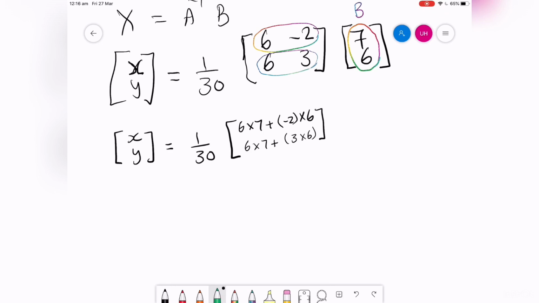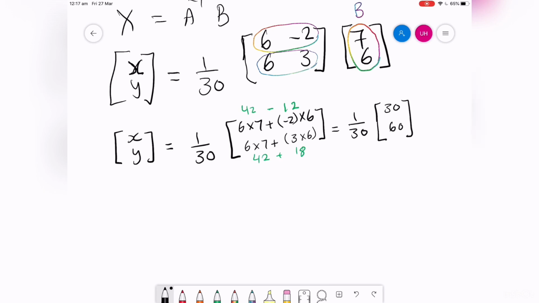Okay, and this is 42 here. Minus 2 times 6 is minus 12, so plus minus is minus 12. And 6 times 7 here is 42 plus 18. So this is going to be 1 over 30 multiplied by 42 minus 12 is 30, and 42 plus 18 is 60.